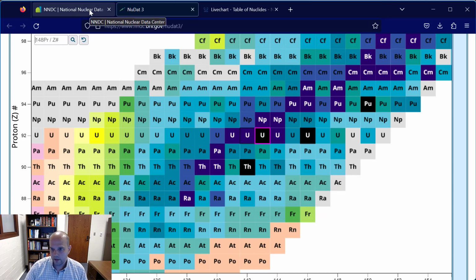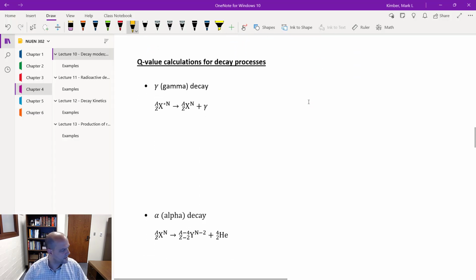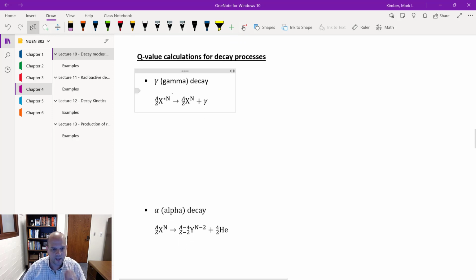Okay, so let's calculate the Q values. Let's go back to our notes here and go through these 4. So let's talk first about a gamma decay, then alpha, and then our beta decays.